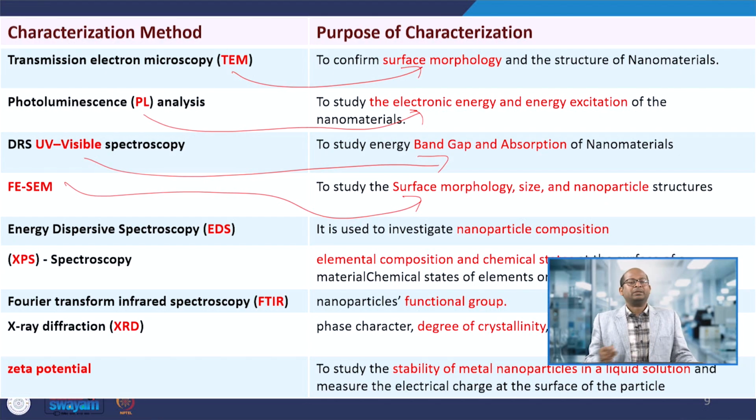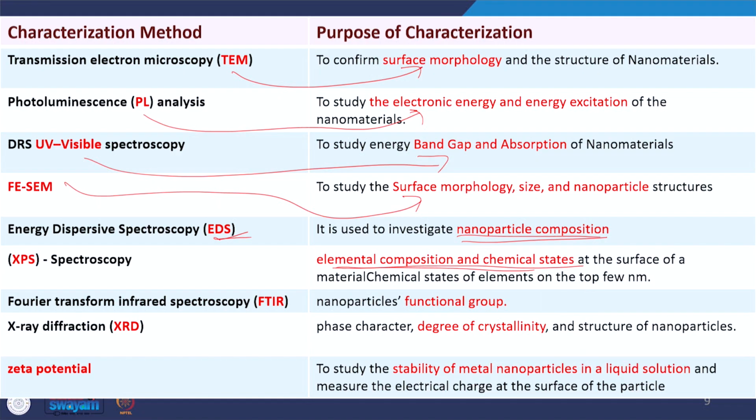This particular method is very useful when we have developed carbon nanotubes, to measure their diameter, dimensions, and length. For nanoparticle composition analysis we can use EDS, energy dispersive spectroscopy, which is available with the same instrument. XPS can also be used for elemental composition and chemical state.